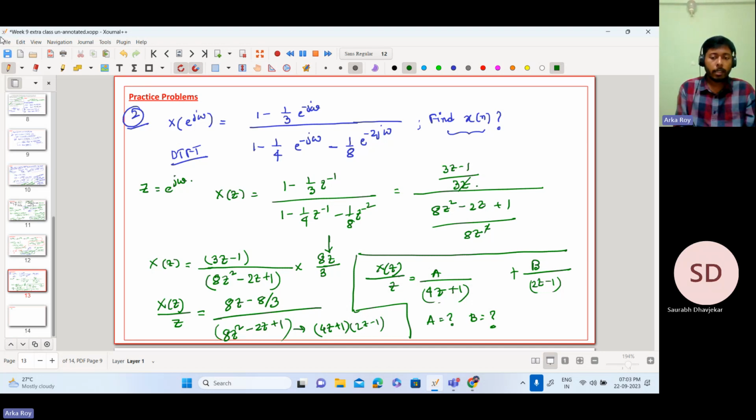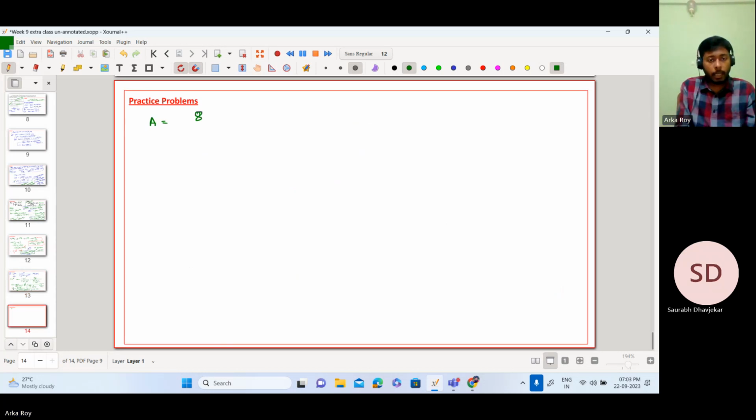To evaluate the value of a, I will multiply 8z minus 8 by 3 divided by 4z plus 1 into 2z minus 1 with the same factor which associates with a, that is 4z plus 1, and I will evaluate the value at the corresponding pole location.